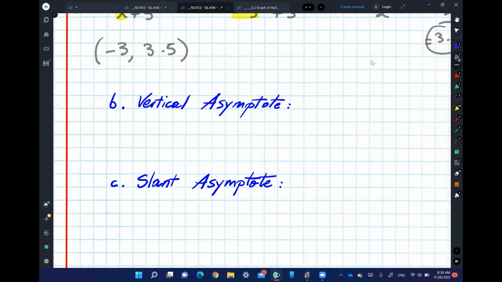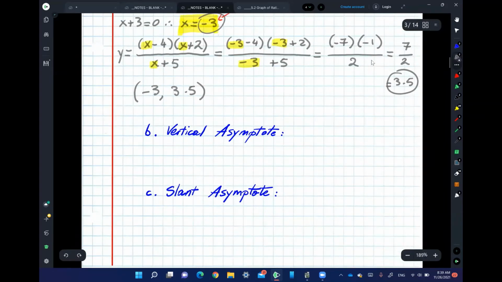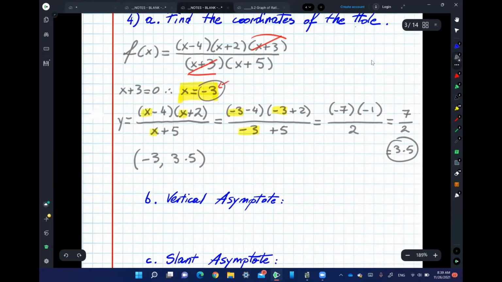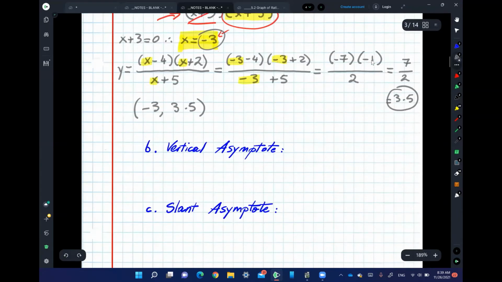For the vertical asymptote, I just need to find the other 0 of the denominator. Now, x plus 3, because it is repeated in the numerator, has been dealt with. Now, what makes x plus 5 0? X plus 5 equals 0.